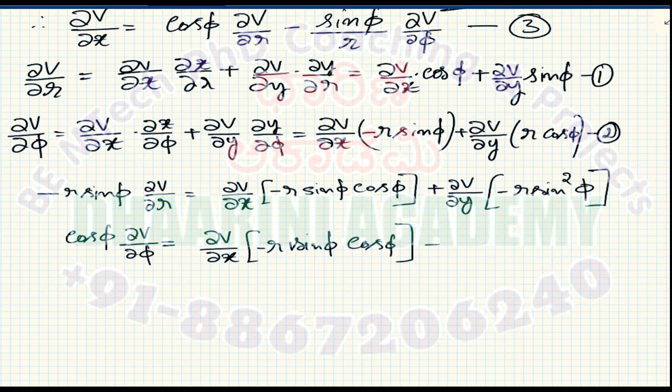Then this is plus ∂v/∂y into r cos squared phi.